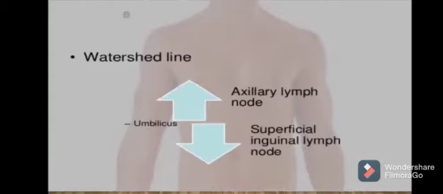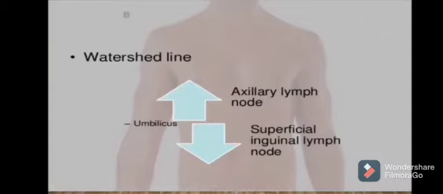So what is the anatomical significance of the umbilicus? First significance, of course, is that it is the remnant of the umbilical cord, but it is also called the watershed line. Watershed line has two meanings. Firstly, this is the level at which we have the umbilicus, and watershed means that all the lymph above the level of this line flows upward, and all the lymphatic vessels below the level of this line flow downward.